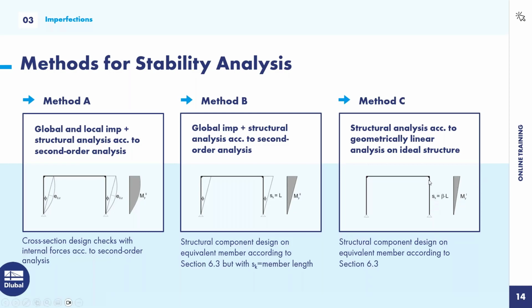For example, for this column here, you could use the geometrical linear analysis, and for the horizontal beam, you usually want to do also the design for lateral torsional buckling, and then you need the second order analysis. That's why usually you calculate such structures with this method, and you use also the second order theory.